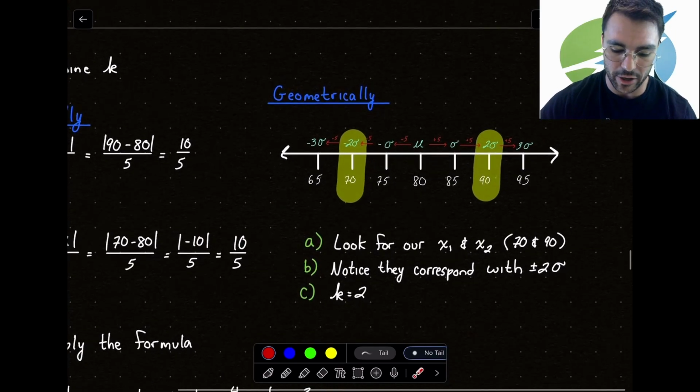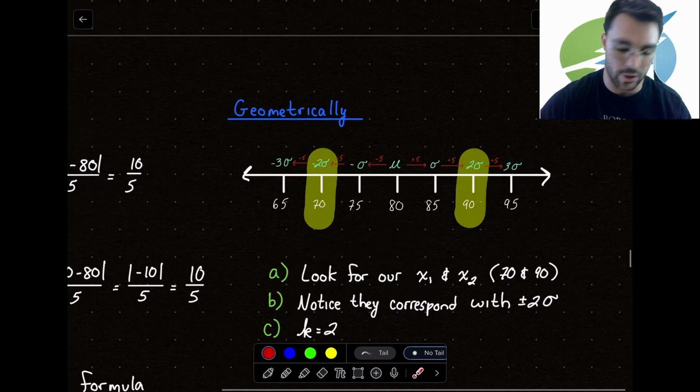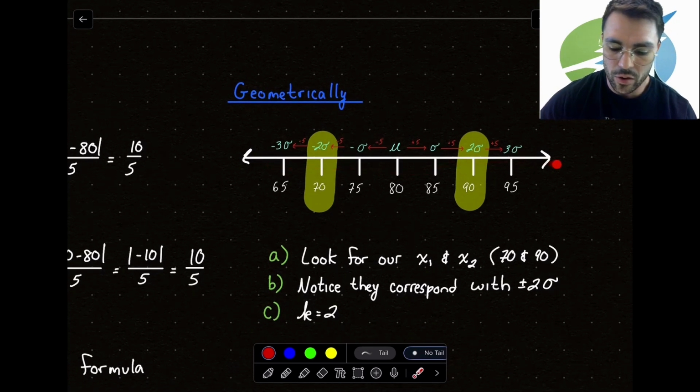And then we can look at it geometrically over here. Okay, we're all on the screen. If we mapped out what this would look like, we would put 80 at our mean mu, and our standard deviation is 5, so we go up 5, up 5. 2 standard deviations gives us 90. Down 5, down 5. Negative 2 standard deviations is 70.